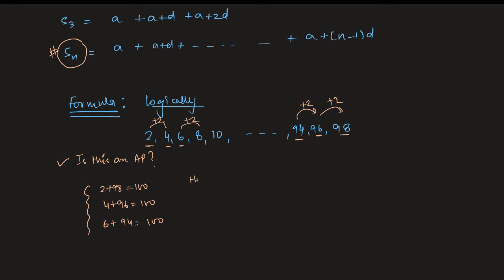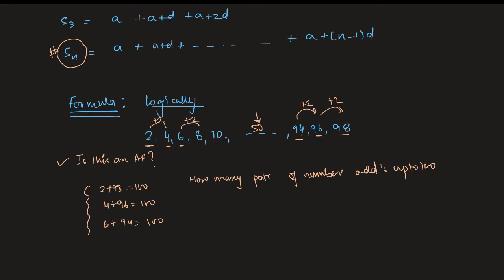So how many pairs of numbers add up to 100 in this given series? This is one pair, this is the second pair, this is the third pair, the fourth pair. Similarly, you will get pairs which add up to 100 till 48, because 50 would be the middle term, there would be no pair for 50.